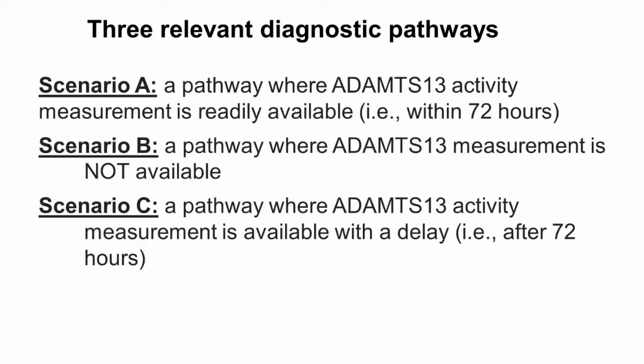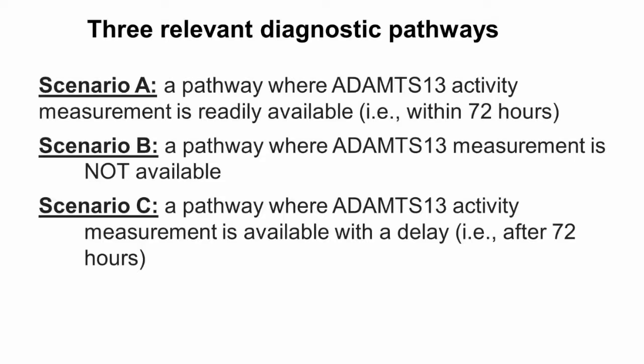Scenario B will be ADAMTS13 is not available no matter where it is. And scenario C will be ADAMTS13 is available, but it will be delayed, like some community hospitals that have to send out. And with these 3 different scenarios, there will be different pathways for the diagnosis and early management.